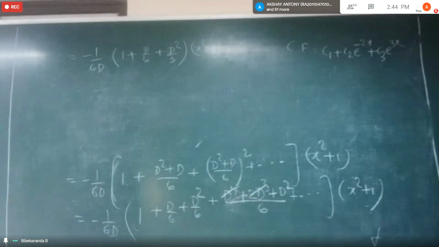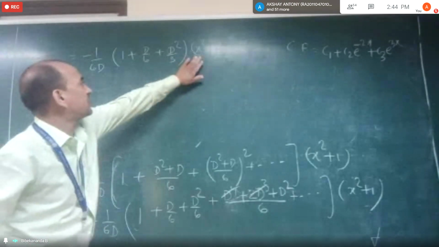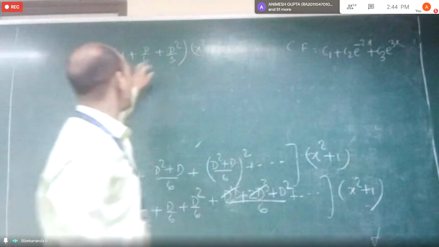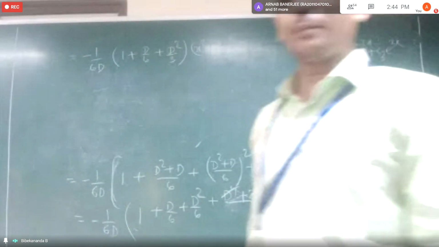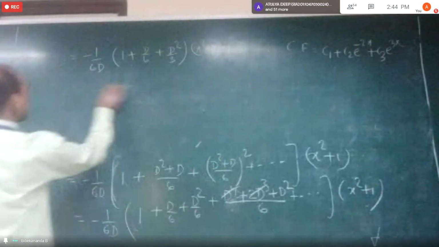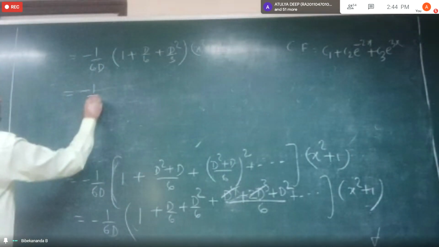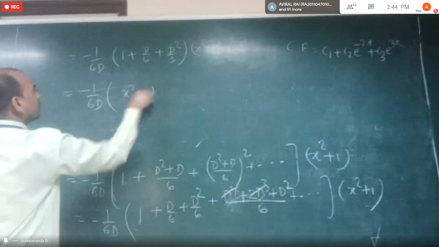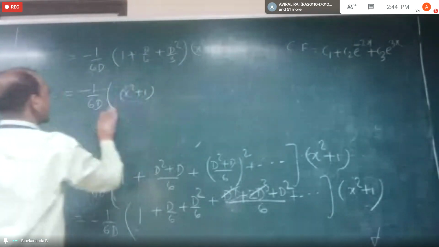Okay. Now hereafter you multiply this x square plus 1 with each of the terms. So what will be the multiplication? Minus 1 by 6D into x square plus 1, this is the multiplication with 1.